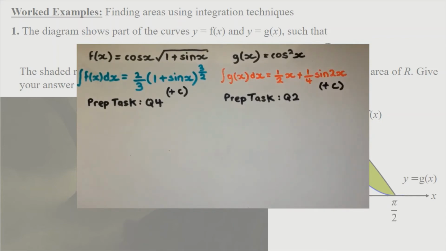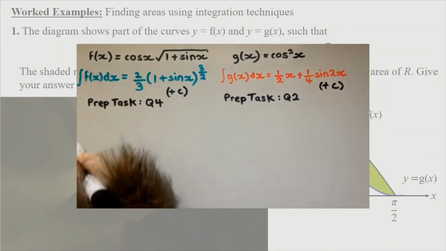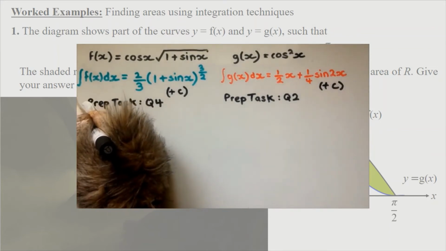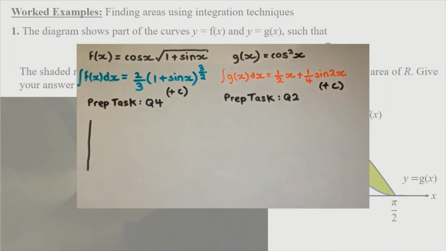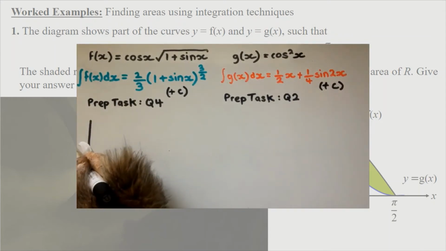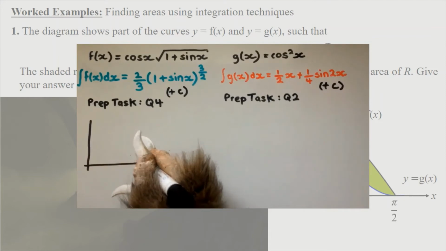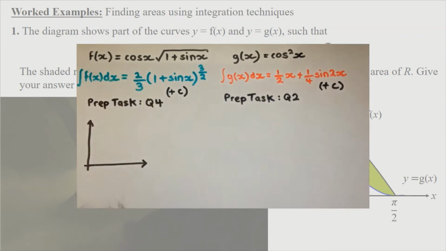I'm just going to sketch what was given to you in the diagram. You're given a diagram which essentially looks like this. So you've got a y-axis there, an x-axis, I'll just label those as well.